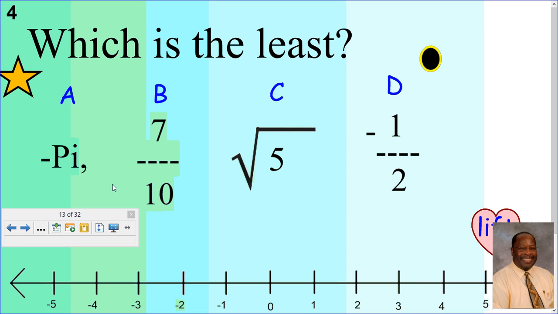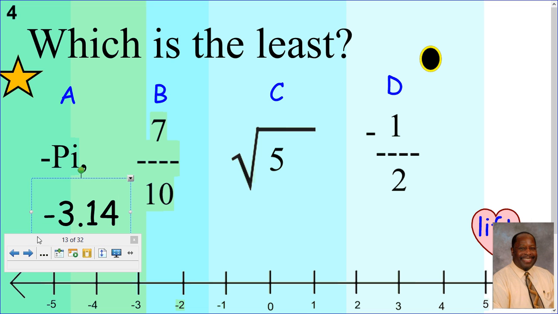So I'm going to look at pi, which happens to be negative this time, and it's going to be negative 3.14, and half is half a dollar, and this half is negative.